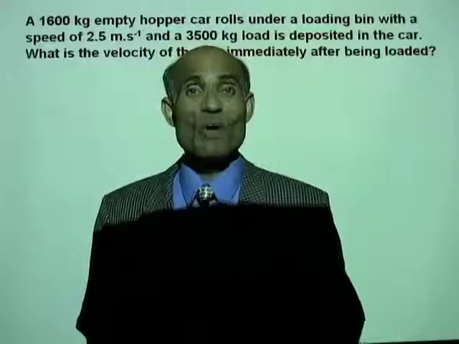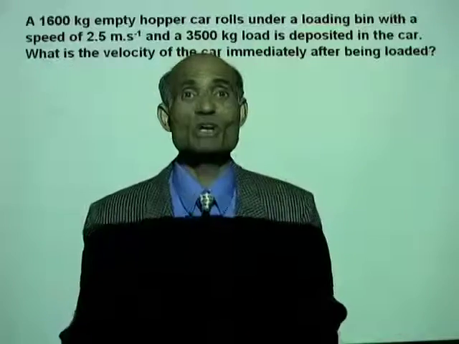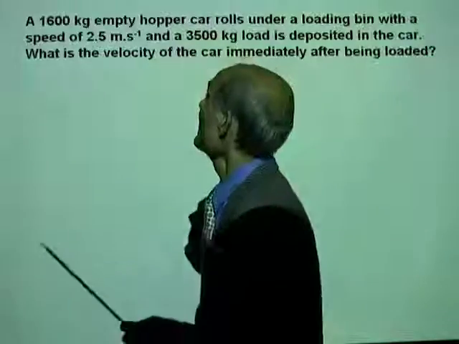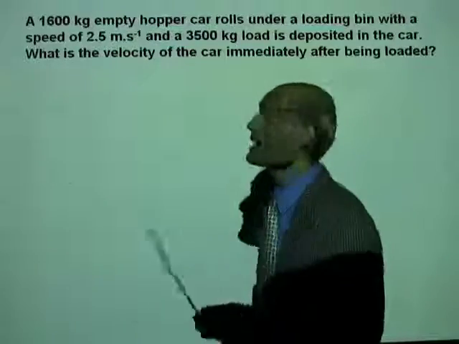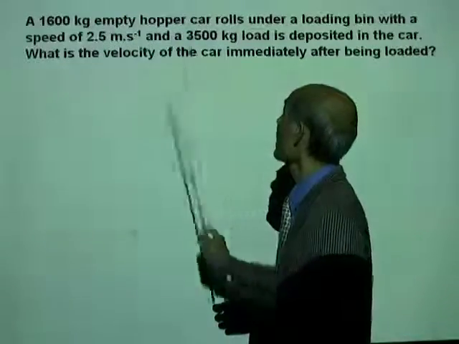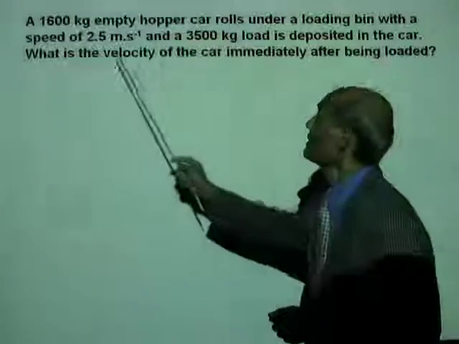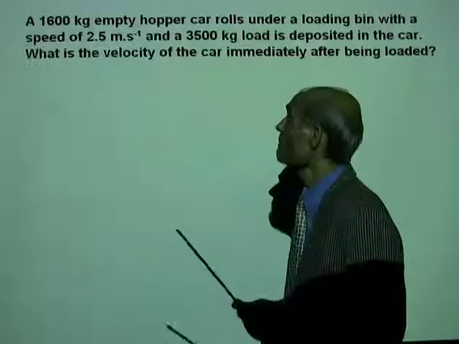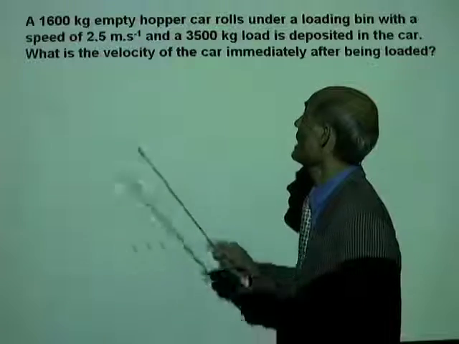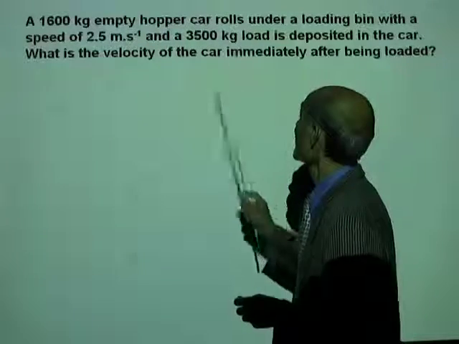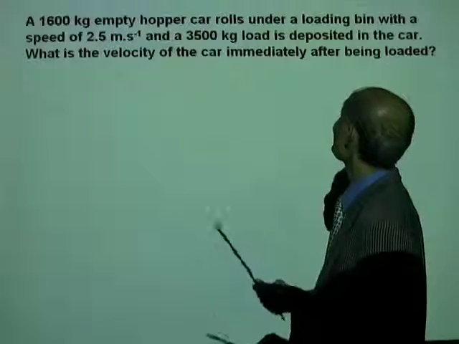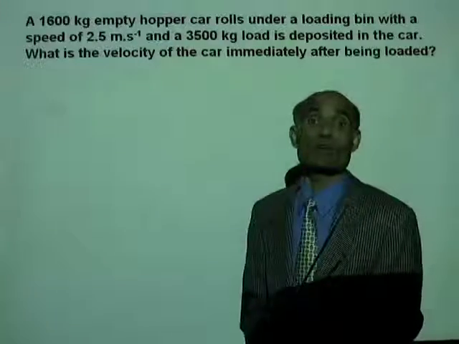We will solve one more problem before we close this lesson. A 1600 kilogram empty hopper car rolls under a loading bin with a speed of 2.5 meters per second, and a 3,500 kilogram load is deposited in the car.